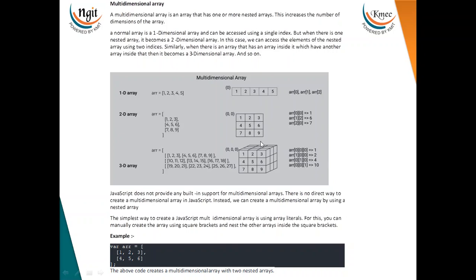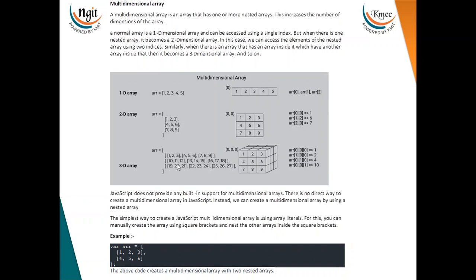These are the columns: the zeroth column, first column, second column. So array 2 0 means 7, and array 1 2 means 6. Like that it goes with three dimensions also.